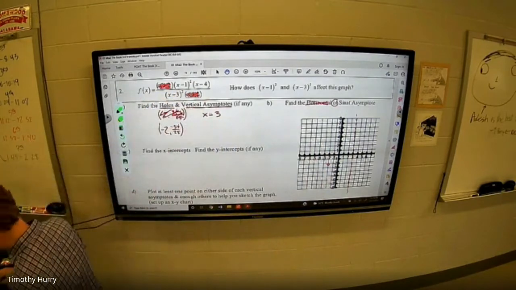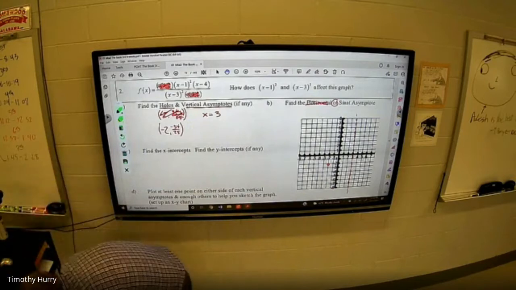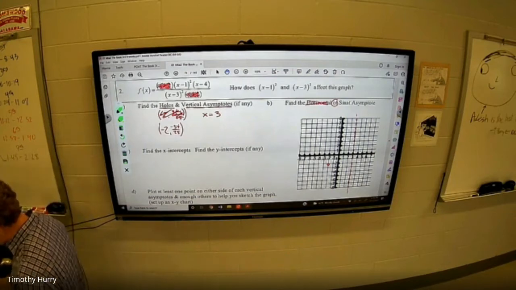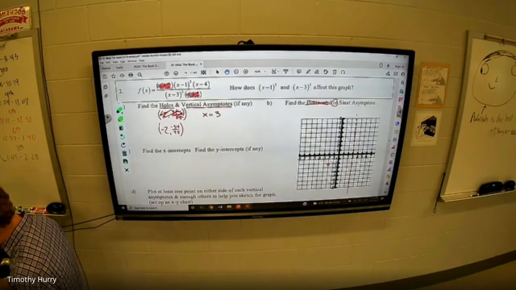So I'm going to save you the trouble of that and just do it. So the x minus 1 squared gives me x squared minus 2x plus 1. Then I'm going to multiply the x minus 4, which gives me x cubed minus 6x squared plus 9x minus 4, if I've done that correctly.